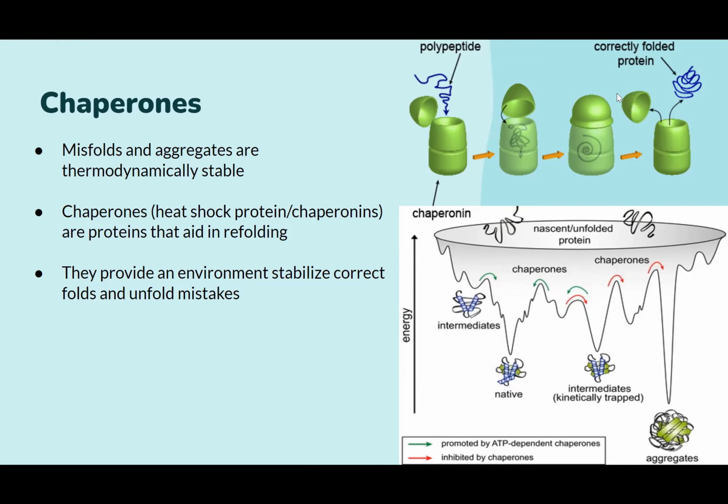These chaperones basically surround the protein, and provide a safe folding environment that helps correct misfolds and helps prevent stuff like aggregates. Because when the protein unfolds, you expose all those hydrophobic domains that you buried in the hydrophobic core.